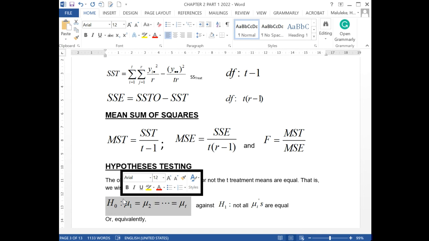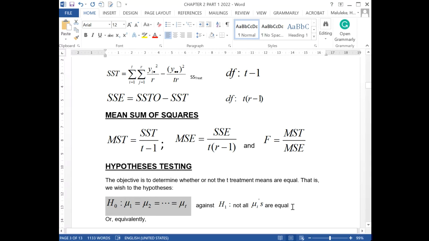So if you have to advise the university, and at the end of your analysis you agree with the null hypothesis that there's no difference between the 3 methods, you'll be saying they can use any of the 3 methods.